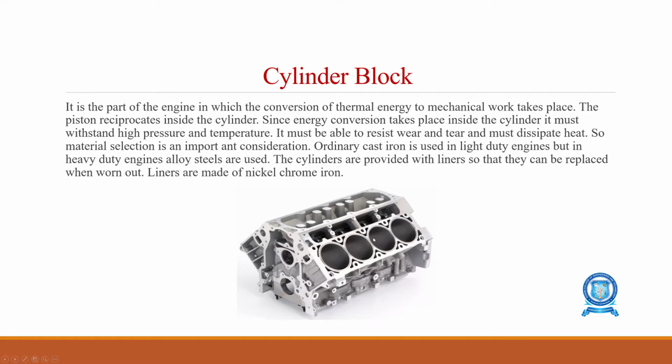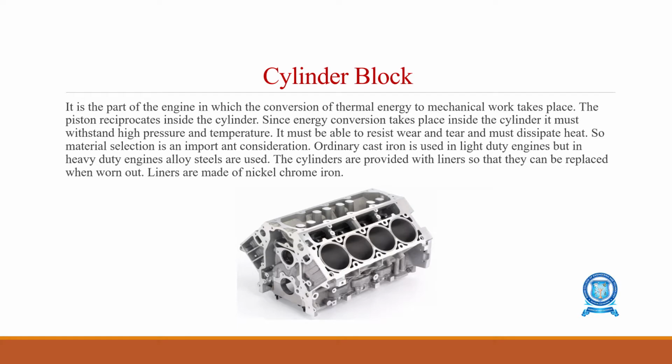Basically, this cylinder block is made of a very hard material, because it should withstand high pressure and very high temperature, and it must be able to resist wear and tear. For light duty vehicles, for example our two wheelers, ordinary cast iron will be used for making the cylinder block.